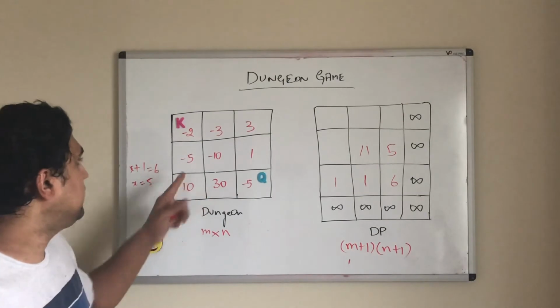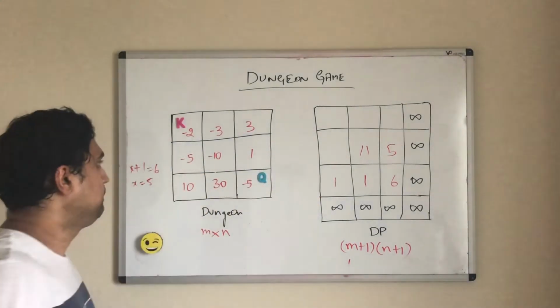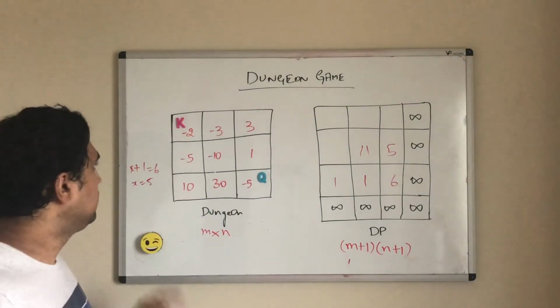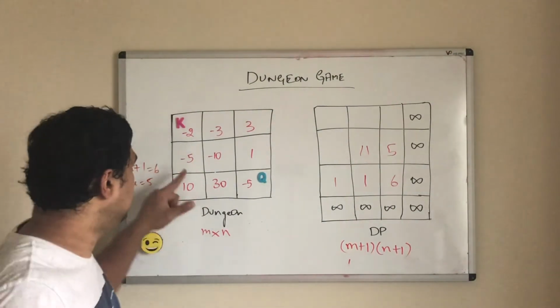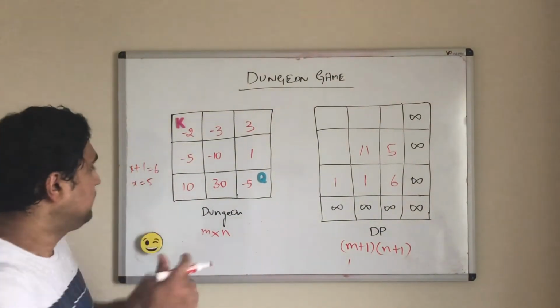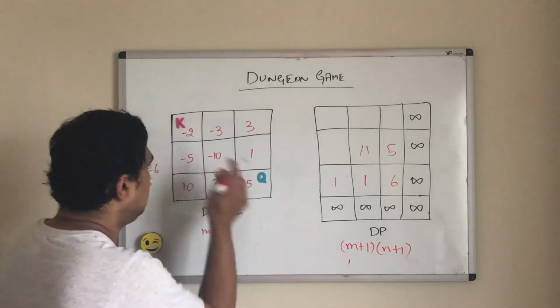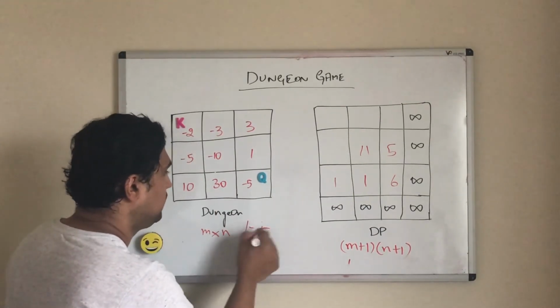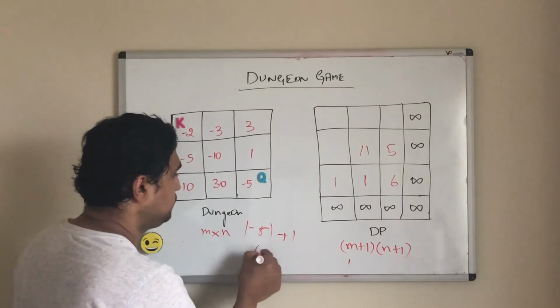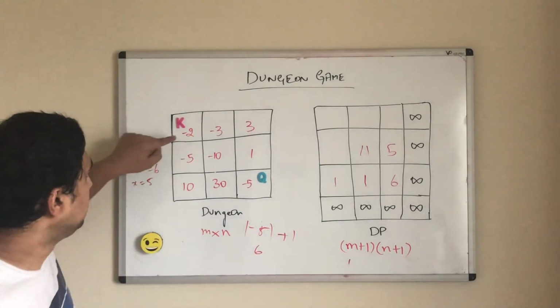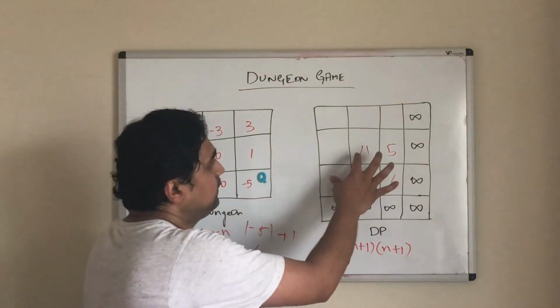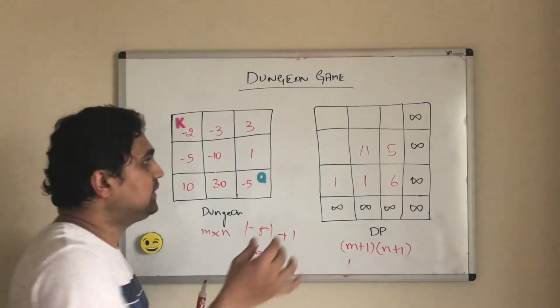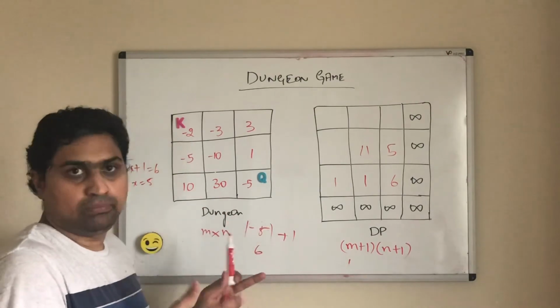The minimum health the knight requires in this cell. So here the value is negative. In order to enter this cell, the minimum health the knight requires should be at least 1 greater than the modulus of this value, minus 5, so 5 plus 1. So it should be at least 6, isn't it, for the knight to enter this cell. Now the knight will again choose the path with the minimum health required.